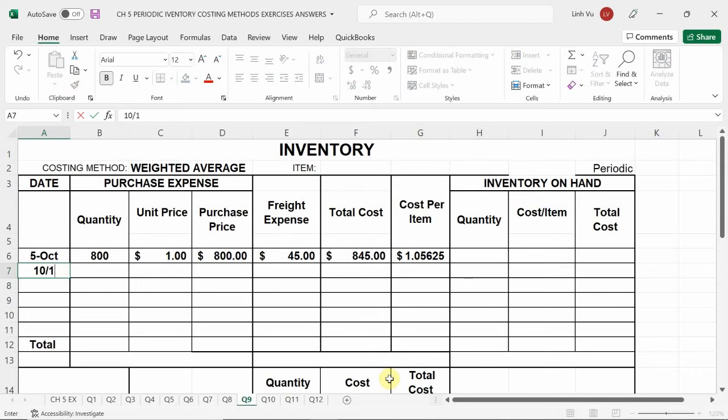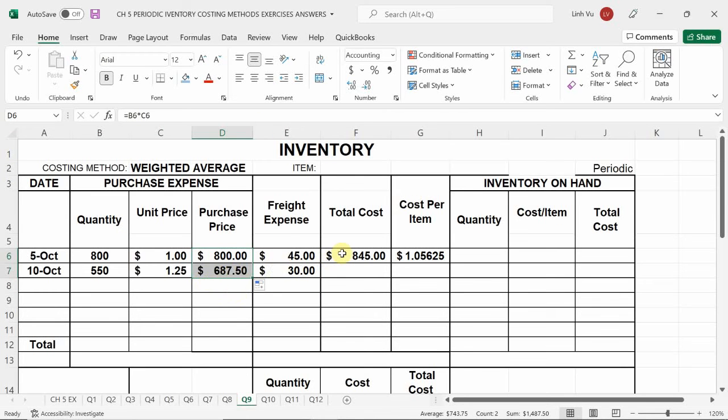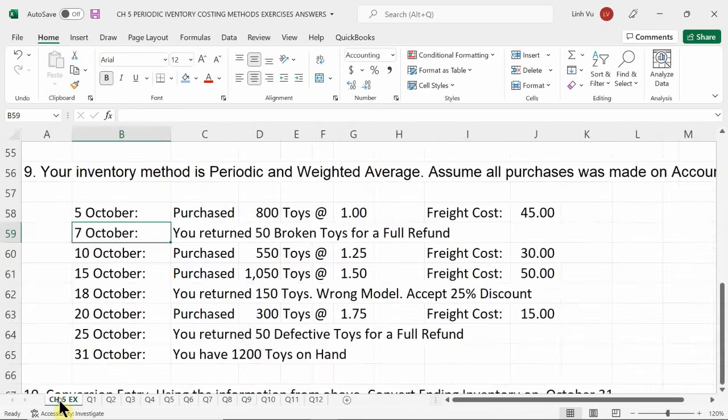So October 10, 550 at $1.25 with a freight of $30. So what's my purchase price here? $687.50. Good. Plus the $30. $717.50. Good. Okay. No need to solve for your cost per item.